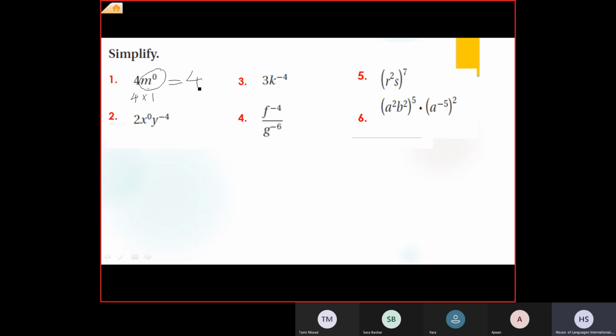The second one, 3k and k only raised to the power negative 4. Now, like Jury here, what did she do? She said number 3 first. And number 2, what do we have?